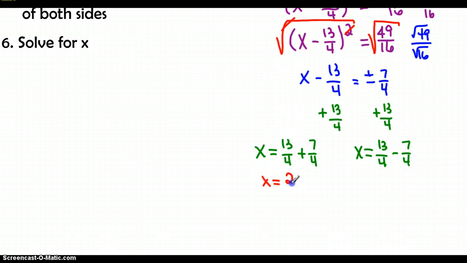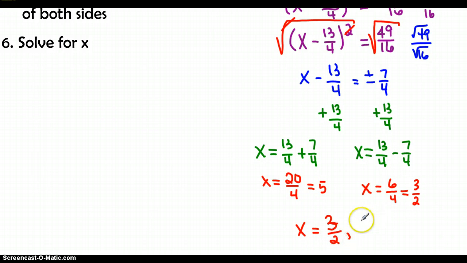So x equals 20/4, which leaves us with 5. And x equals 6/4, which is 3/2. So those are my two answers. Those are our roots, those are our solutions, those are our x-intercepts for our original equation. So x equals 3/2 and 5.